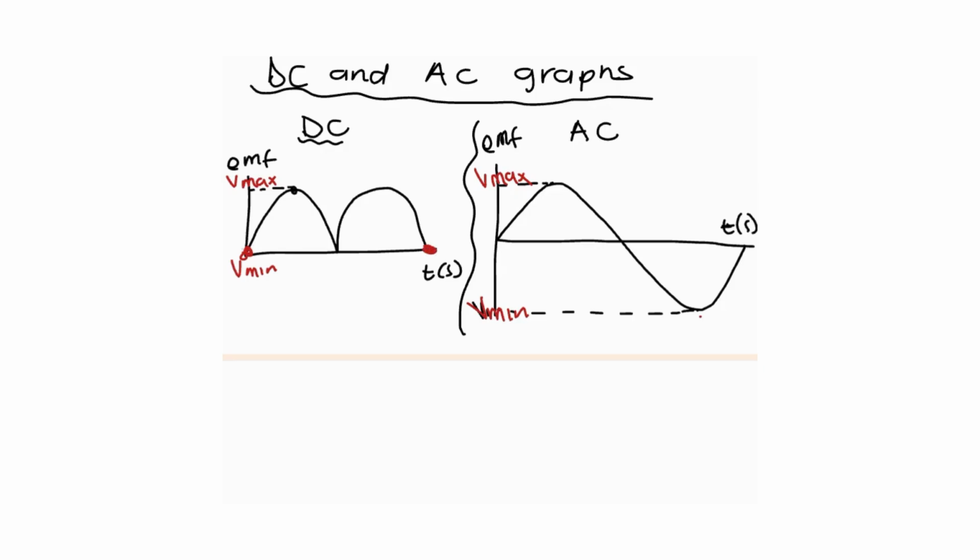Or you can say, for a graph to be a full cycle, you need to have the minimum, maximum, minimum, maximum, minimum, not in that order specifically, but all in all, you must have 5 points. You see my red points there? It's 5 of them. You must have 5 points to represent a full cycle, which is also the same on your alternating current graph.